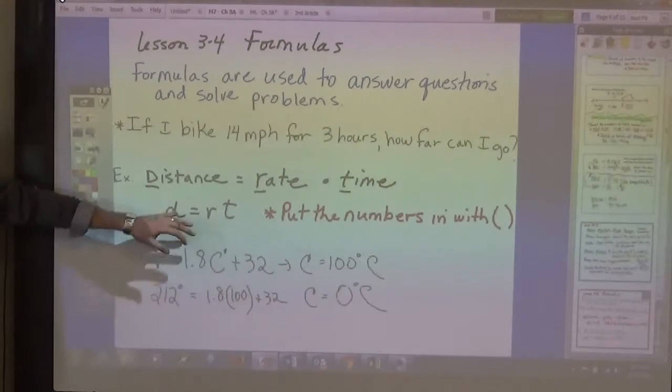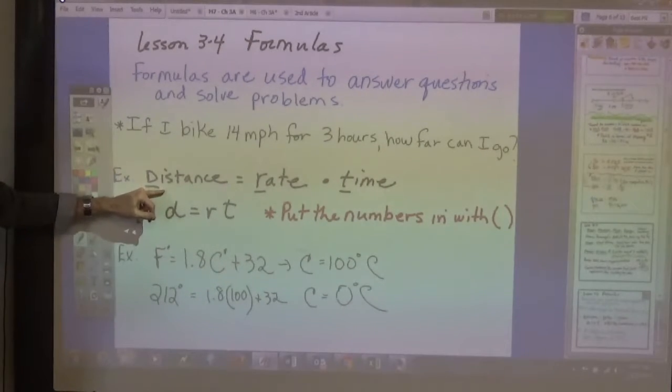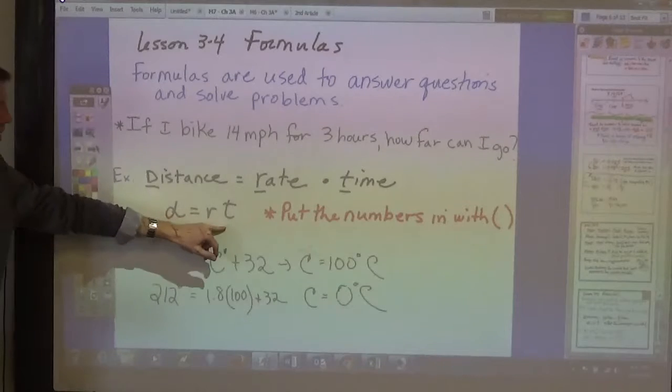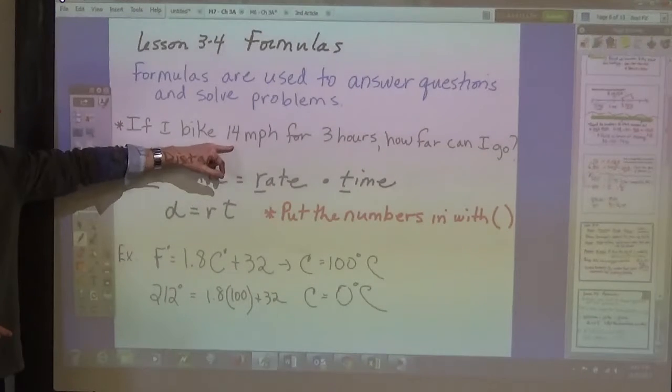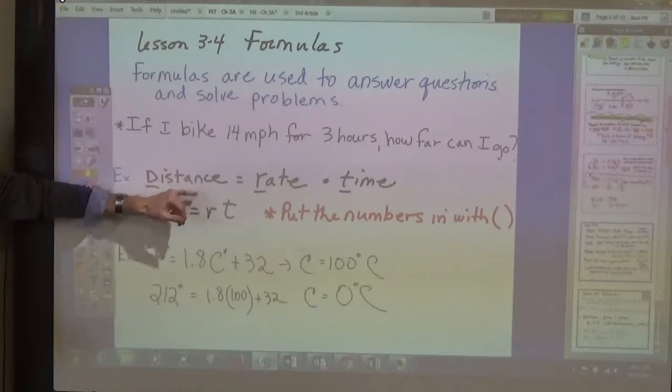Okay? Formulas are used to take information from real situations in life and put them into the formula to figure out the answer. If you know the distance formula, distance equals rate times time, then you know, oh, I just need to multiply 14 times 3, and that will equal the total distance.